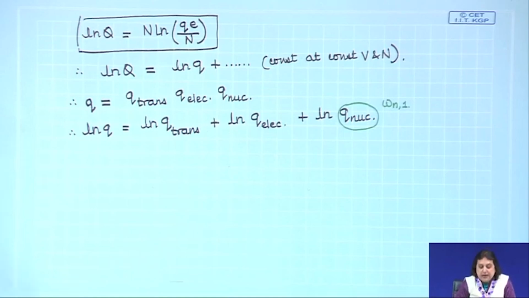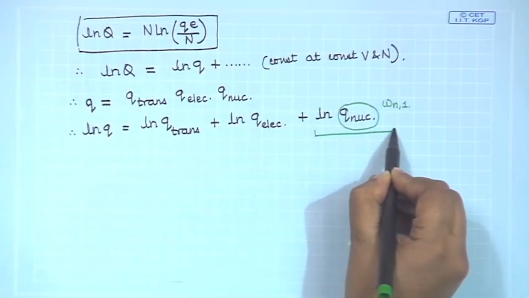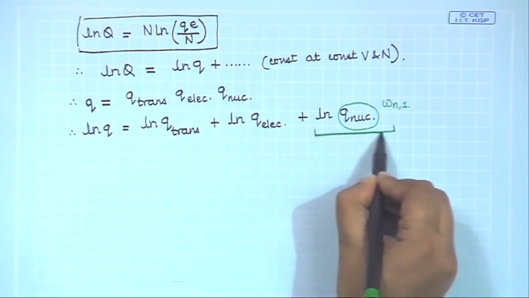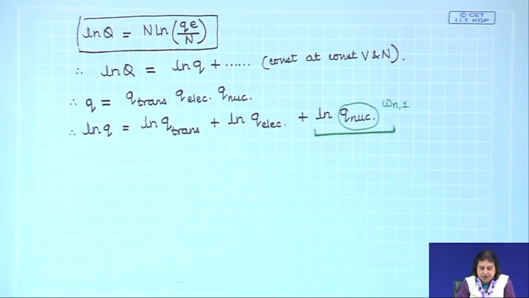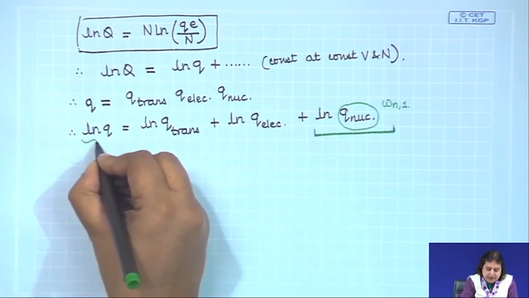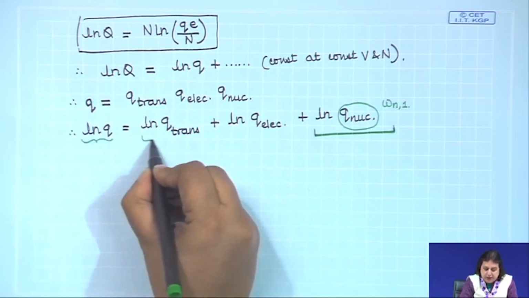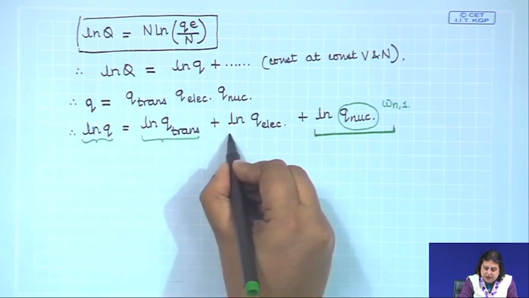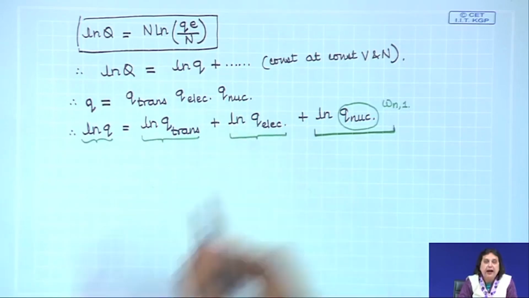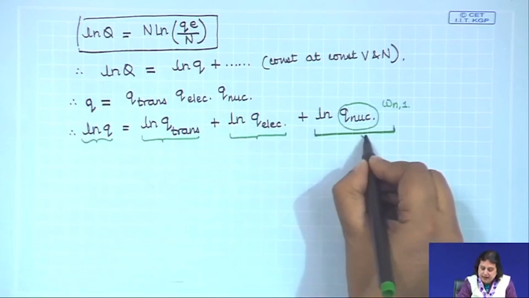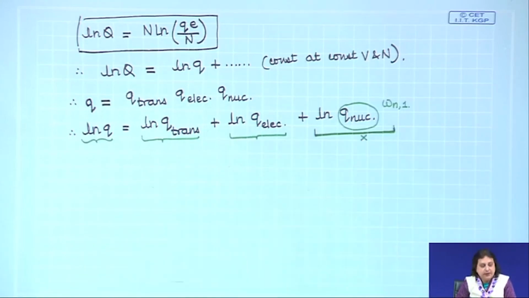Therefore, if I keep the volume and the number of particles constant, this term is not going to have any dependence on temperature. So, if I am looking at the temperature dependence, I should be bothered about the temperature dependence of these other two quantities, and I can safely neglect this part.